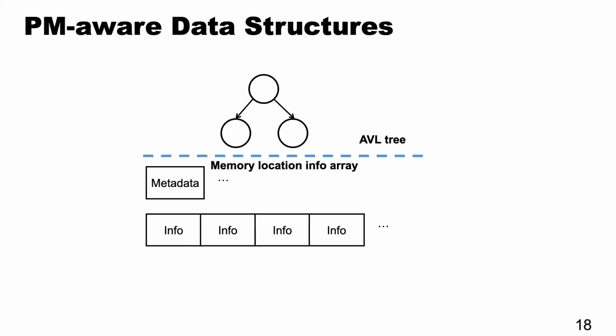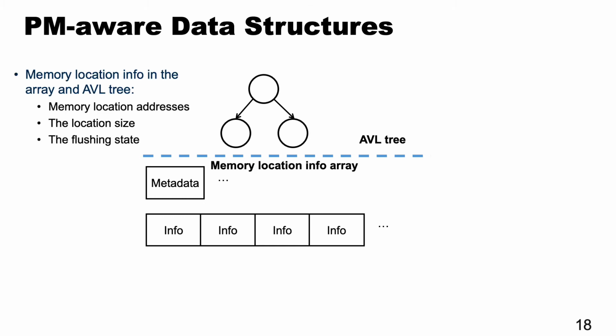Then, I give more detail on our PM-aware data structure. Each memory location information in the array and AVL tree is collected from a store instruction and includes the memory location address, location size, and the flushing state. The flushing state indicates whether the memory location is persisted by a write-back instruction or not.